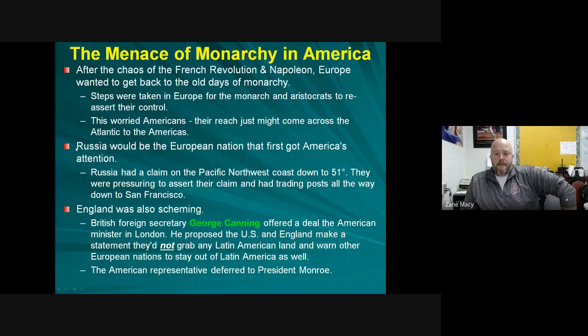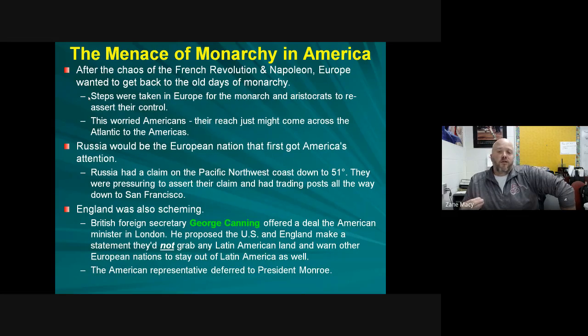Okay, this slide here, the one thing that I do want to mention is that by the time we get to 1820 or so, we as Americans are starting to worry that things are beginning to revert back to their old ways after the French Revolution, after Napoleon's advances in Europe, that Europe wanted to return to the old days of the monarchy.